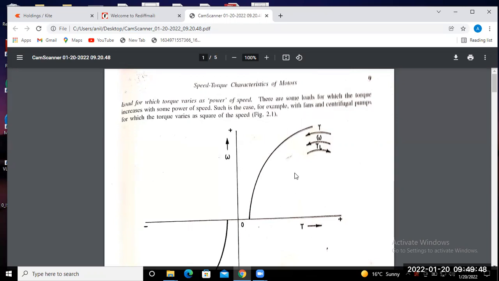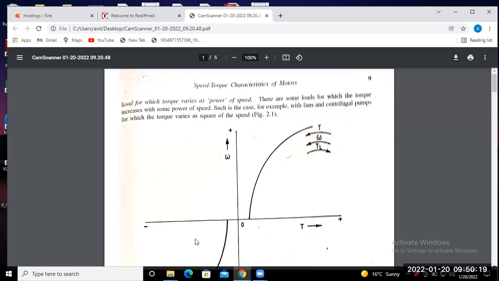If the characteristic is discussed in the first quadrant, that means torque and speed are both in the positive direction. If you consider the characteristic here, then the torque is acting in the opposite direction. Along this side of the x-axis torque is positive, so in the reverse direction along this side torque will be negative. So in this quadrant torque is acting in the negative direction and speed is positive.